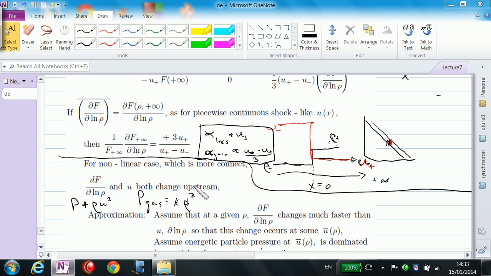But p is also the cosmic ray pressure. It makes a contribution.